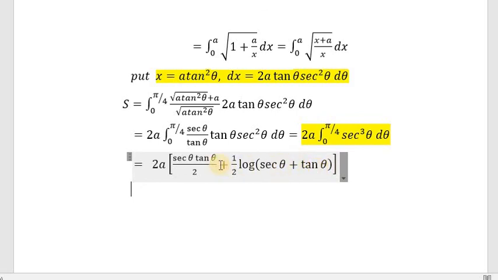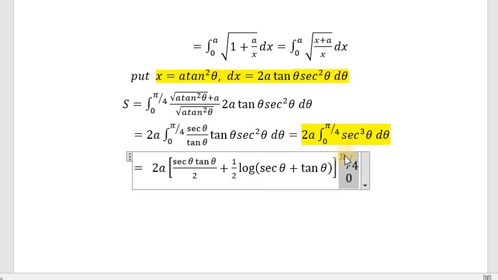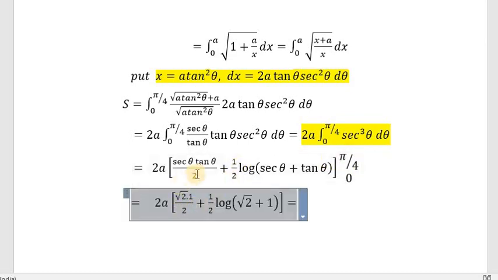So by substituting the limits 0 to pi by 4 in this equation, we get 2a into, see lower limit vanishes because tan theta value is 0, and secant theta plus tan theta, even this value also reduces to 0. Therefore only upper limit we are considering here.